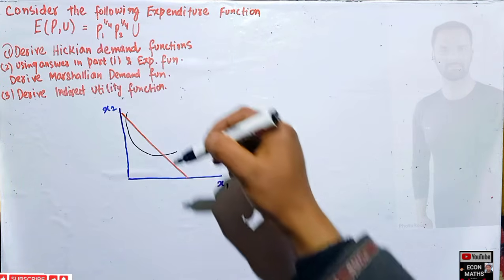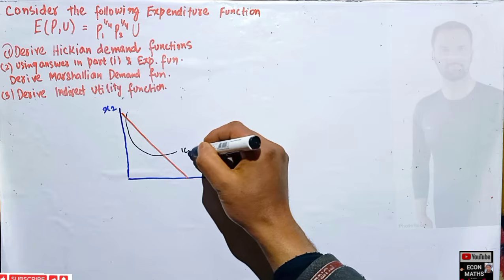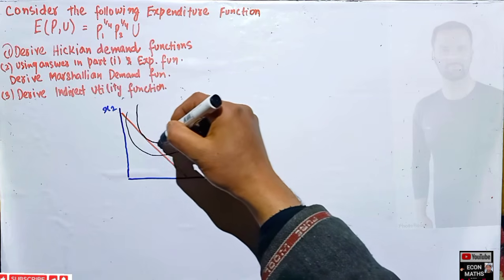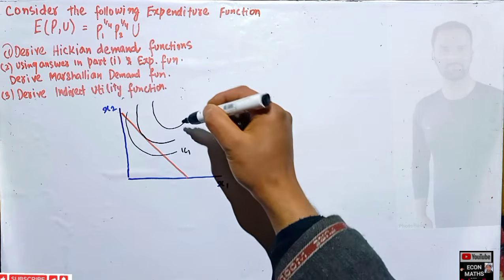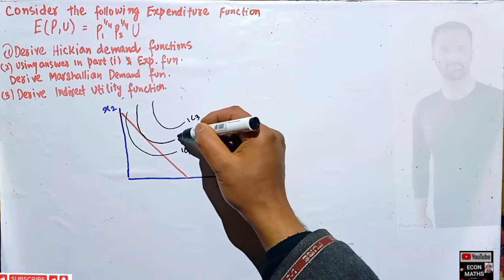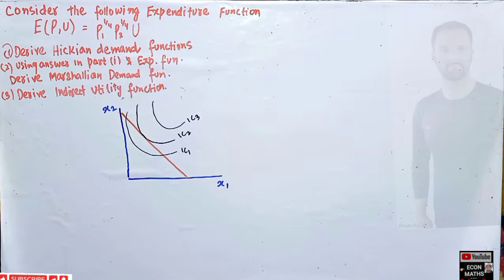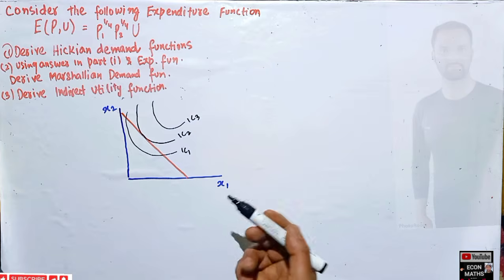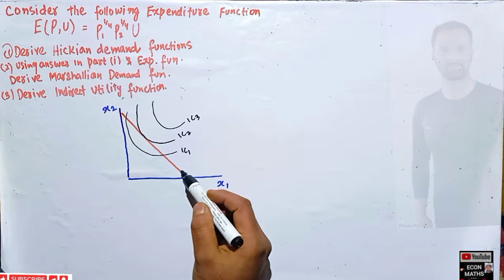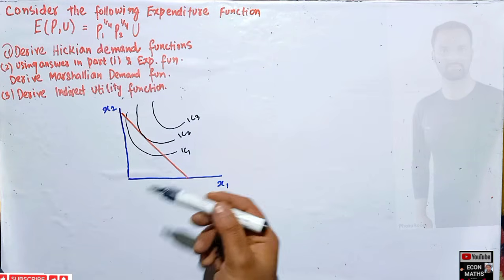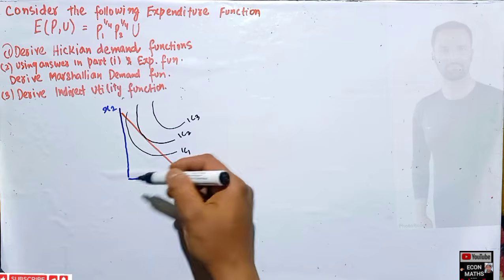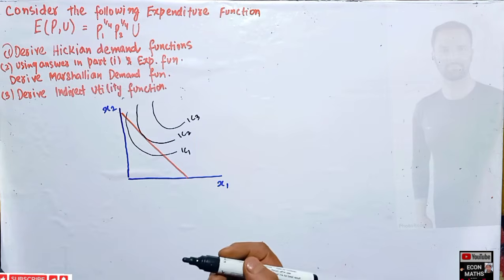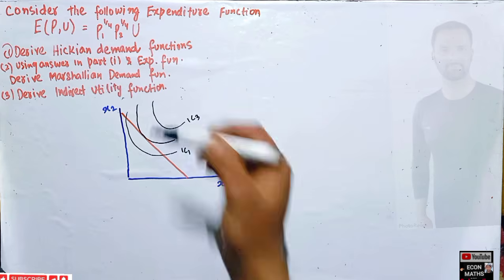Like this is IC first, similarly this is IC second and IC third. So the first choice for the consumer is, if the budget is given, to reach the highest possible utility, that means the highest possible indifference curve.